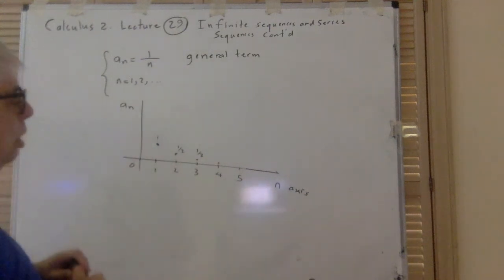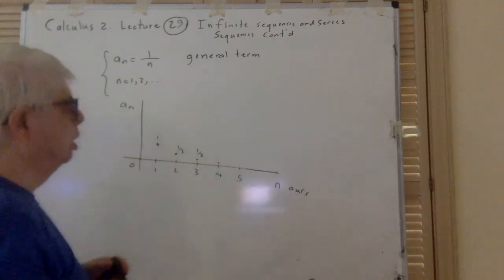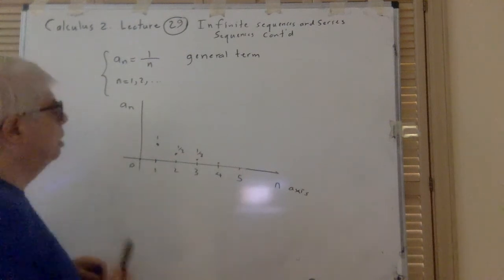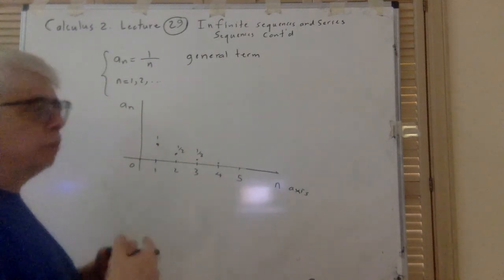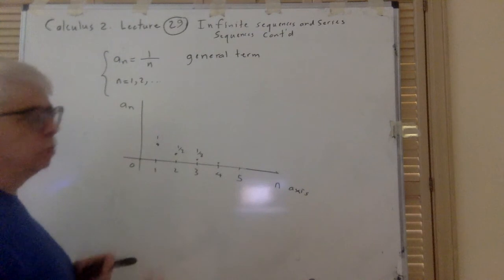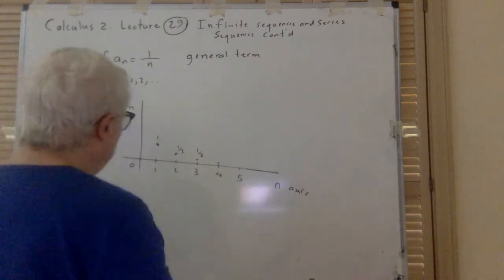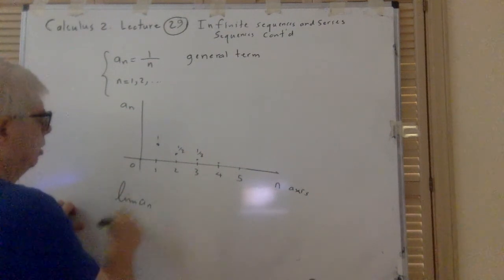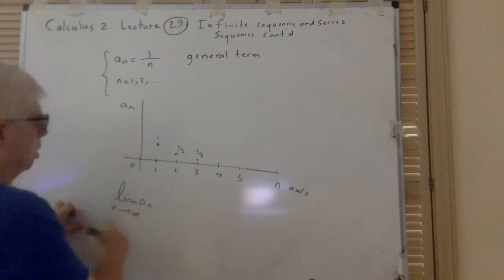So we see that these points get closer and closer to the n-axis, which means that a_n is getting smaller, and it gives us a sense of limit. As n goes to infinity, what's happening? We can talk about the limit of a_n, and we write it the same way as the limits in Calc 1.